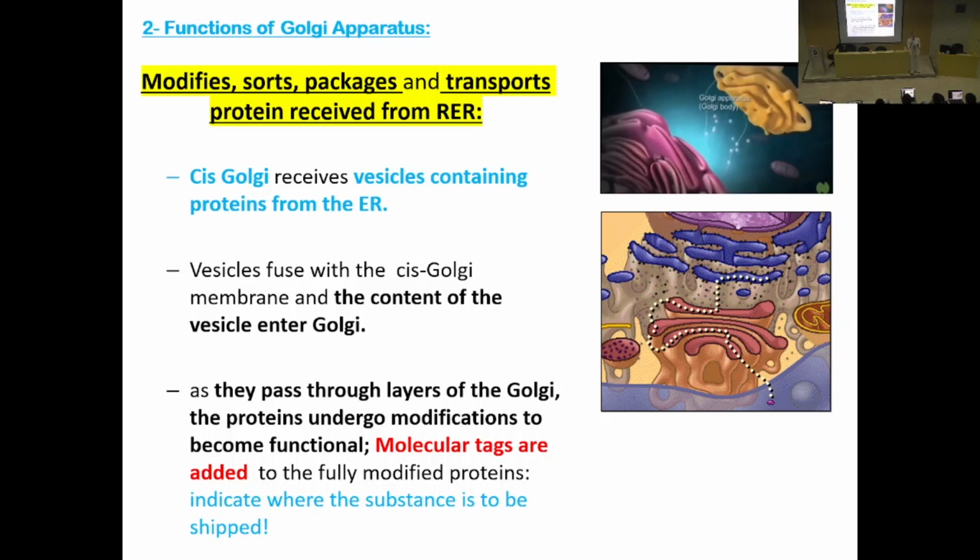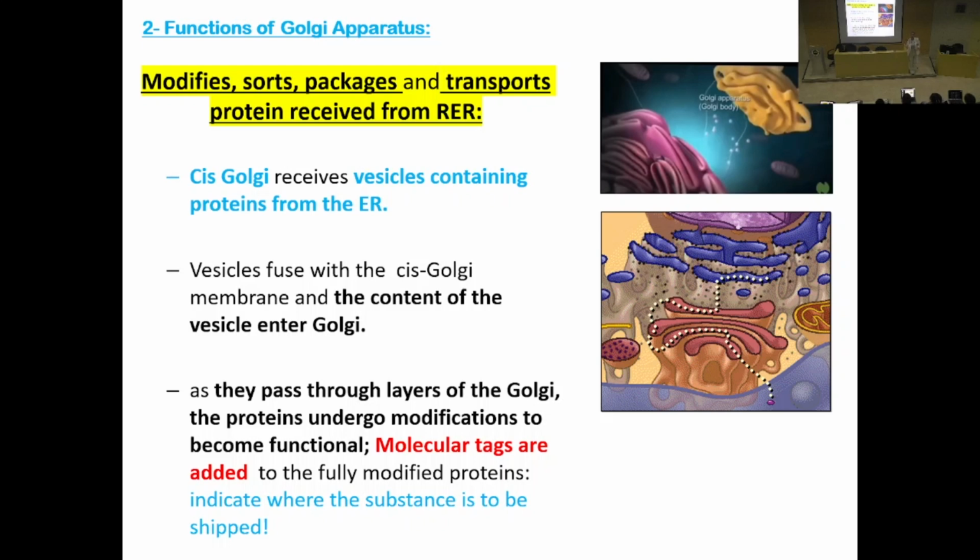Yes. So mostly proteins go to the Golgi to be modified. What does that mean? They undergo modification, we can say. All right? So what is the modification? We will add, for example, an OH group. I will add a phosphate group. I will add, for example, glucose to make it a glycoprotein. Okay? I will add to it a kind of tag. We call it a tag. You know the tag we find on clothes?